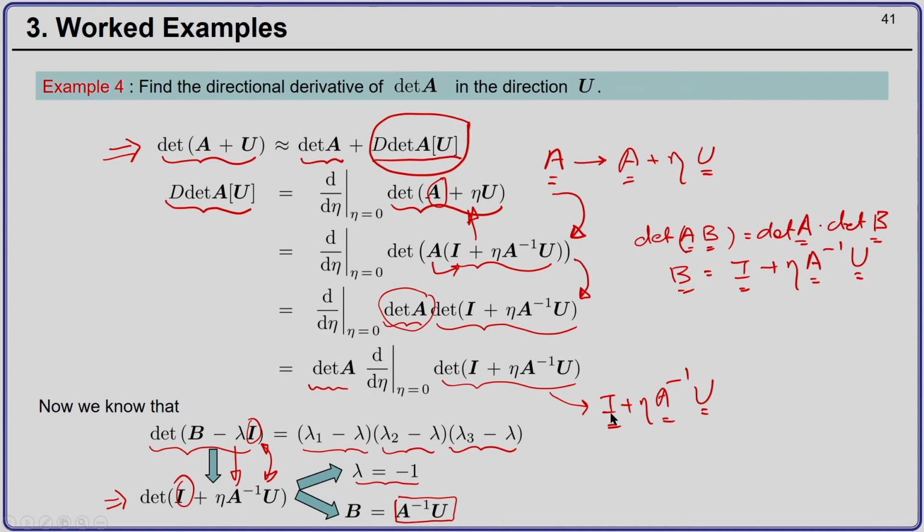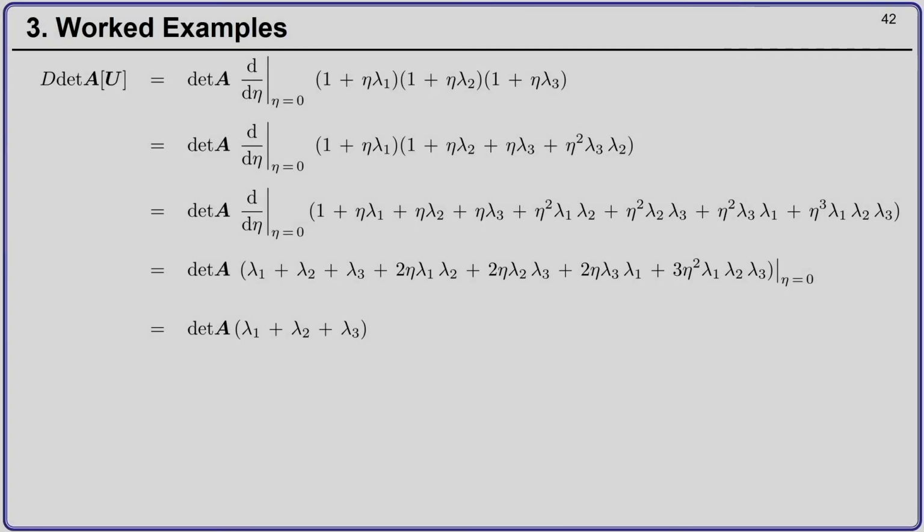So, we can substitute this expression here with the understanding that lambda 1, lambda 2, lambda 3 are the eigenvalues of A inverse u. So, this is what we get: determinant of A into d by d eta of 1 plus eta lambda 1 into 1 plus eta lambda 2 into 1 plus eta lambda 3, where eta is the multiplier.